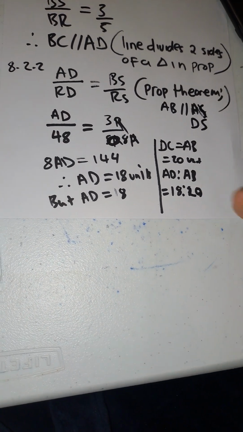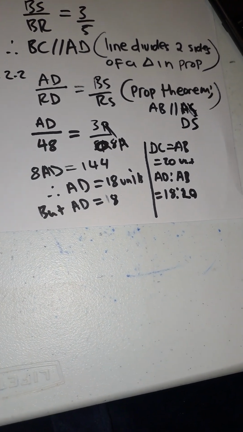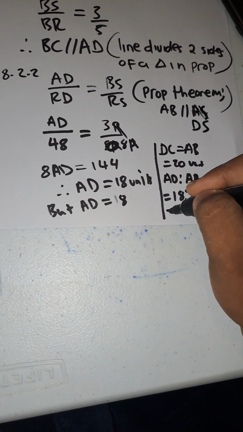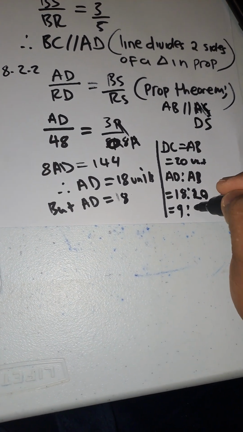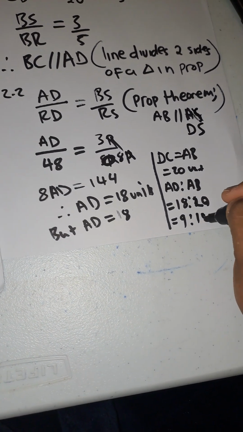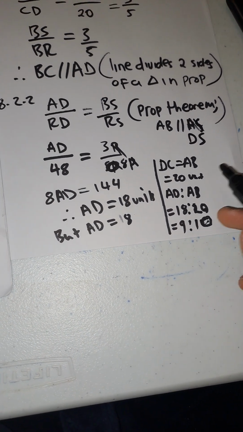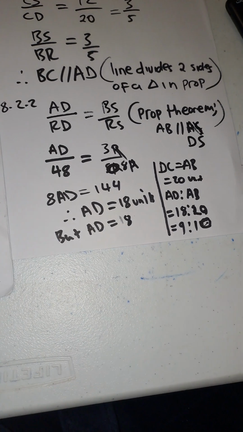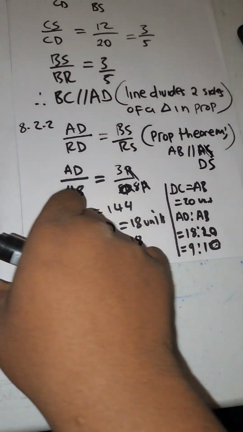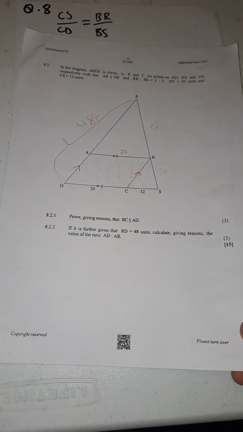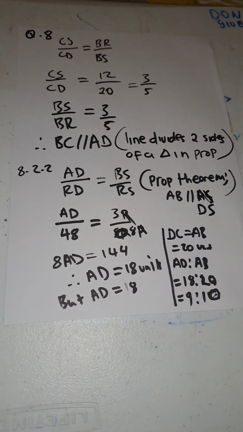And then when I represent it in the ratio form, it can be 9 is to 10. You see? That's how it is. So the answer there is 9 is to 10. You just have to check your triangle and check the things that are in proportion there, guys. Very, very, very important. So this is how we did it, guys.